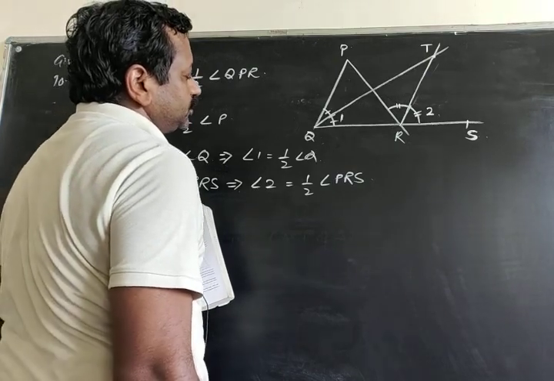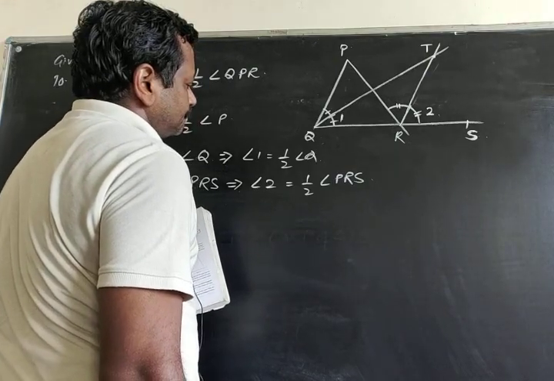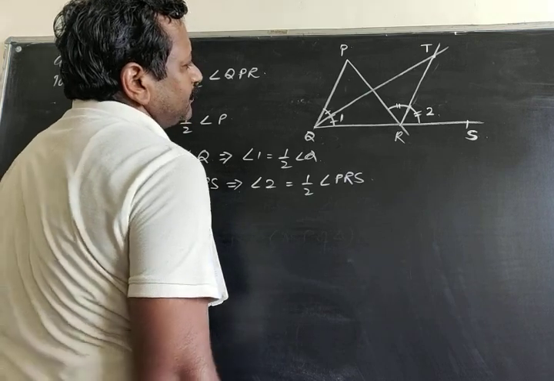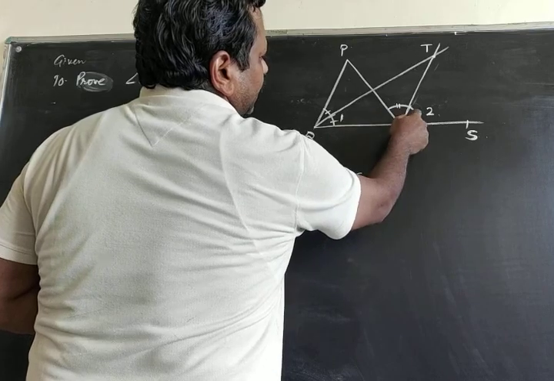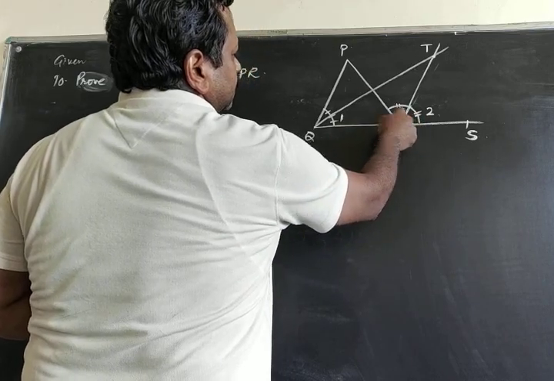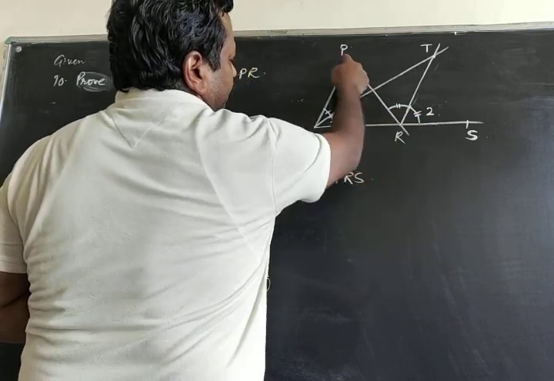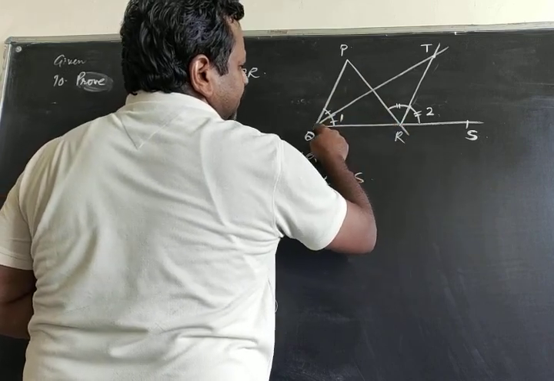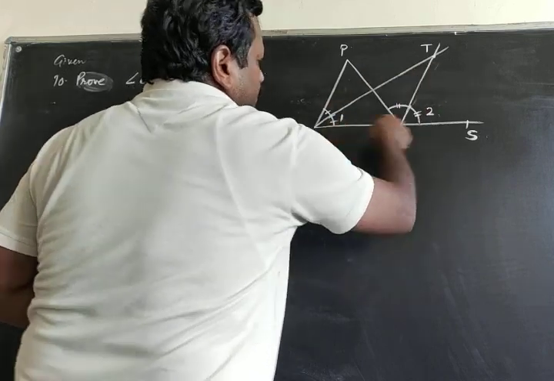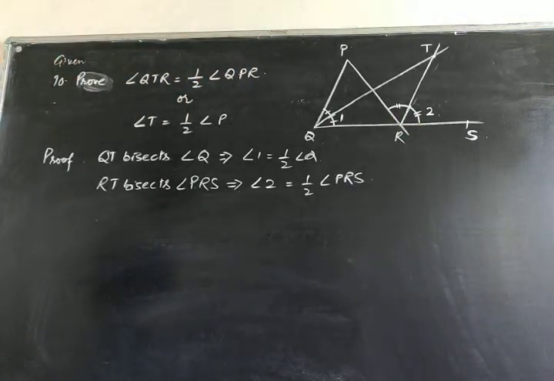Now see in the question, we will find out the value of angle 2 by taking exterior angle property in PQR and by taking exterior angle property in QRT. This should be remembered.